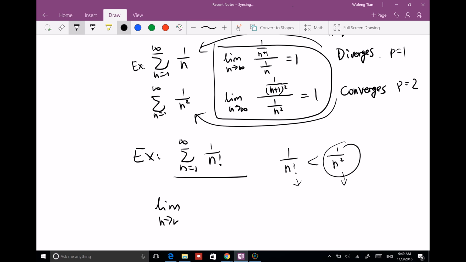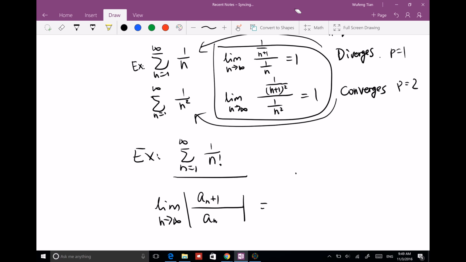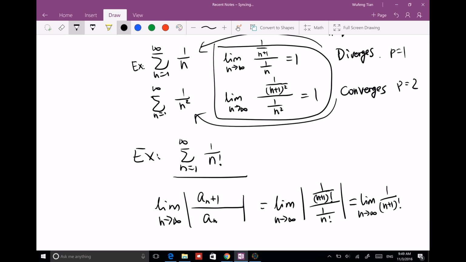The limit as n goes to infinity of a_(n+1) over a_n equals the limit as n goes to infinity of 1 over (n plus 1) factorial over 1 over n factorial. So the limit of 1 over (n plus 1) factorial multiplied by n factorial over 1.